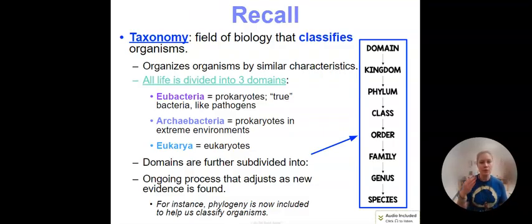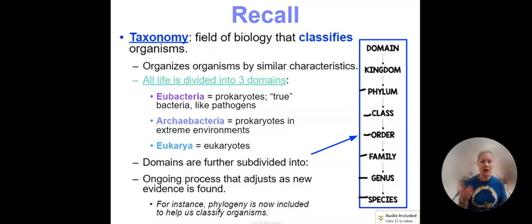We reviewed those characteristics when we talked about the 3 different domains and the 6 different kingdoms for all living things. Those kingdoms can be further subdivided into a phylum, class, order, family, genus, and species.